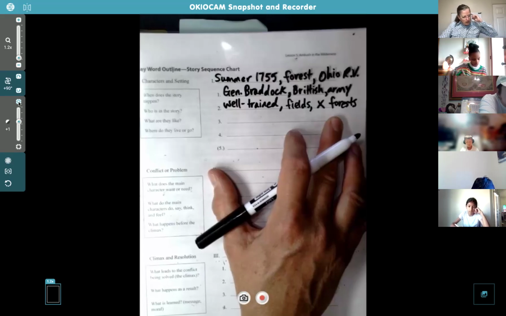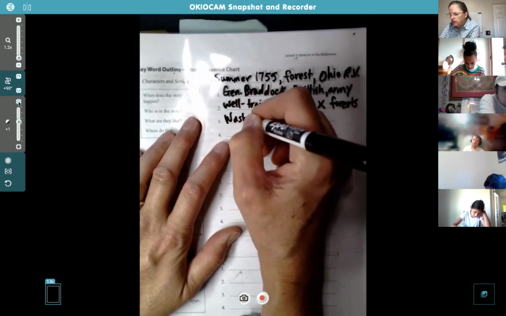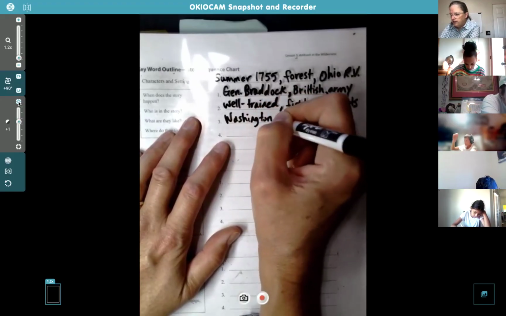Okay, and then Caden, that pretty much sets up that first opening with General Braddock, but we have another person, another character to talk about. So who does it talk about next? George Washington. Yes. So George Washington, maybe we could just put Washington because we know it's George. So Washington.